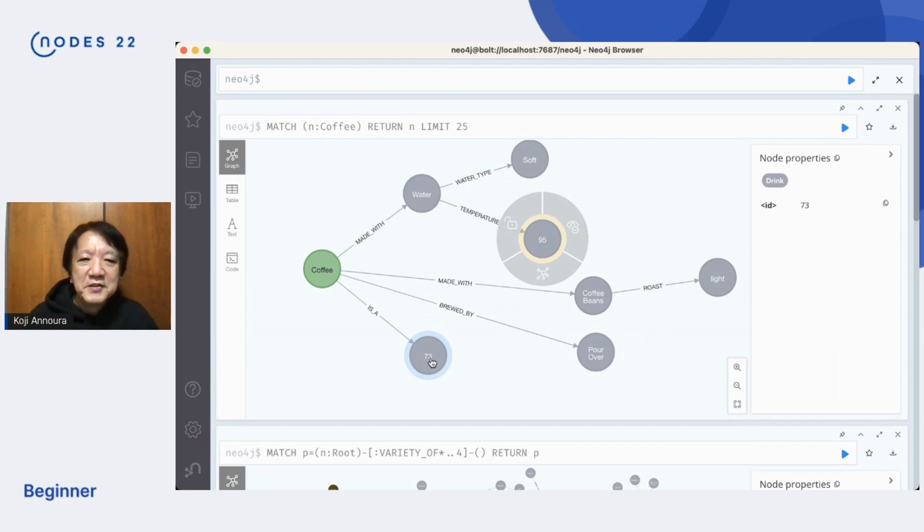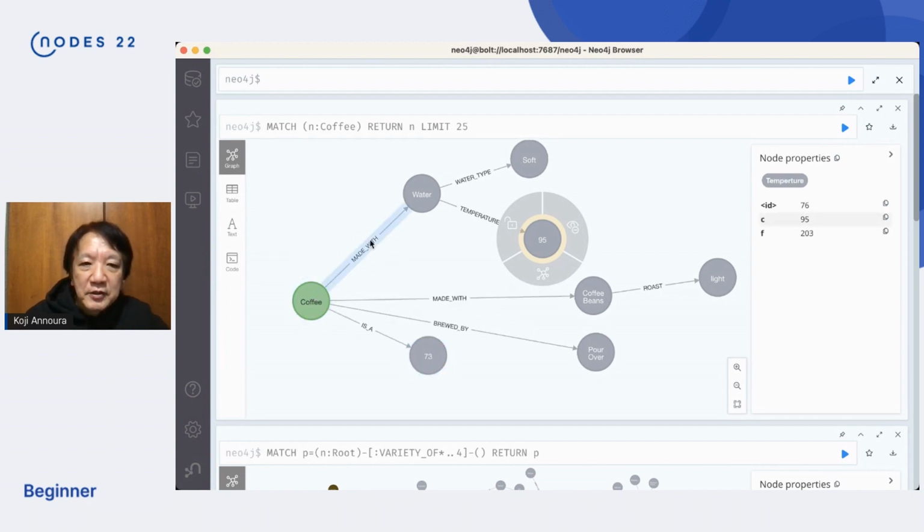I add this coffee knowledge into the beans knowledge graph, and I found the reason for the recommendation. So I found the next recommended bean.